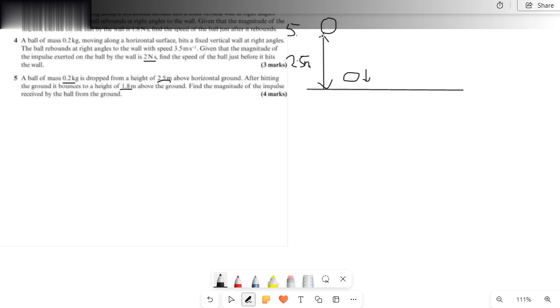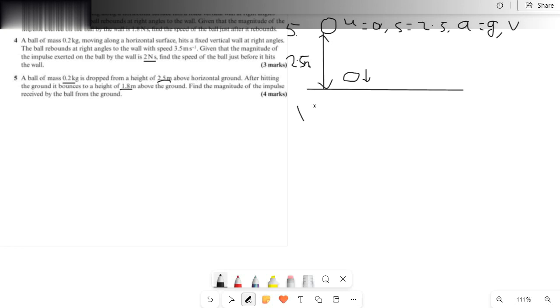So we know from this position, initial velocity u is 0. Displacement is 2.5 meters. We know that it is under free fall, therefore a is equal to g, and so we need to find the final velocity v.